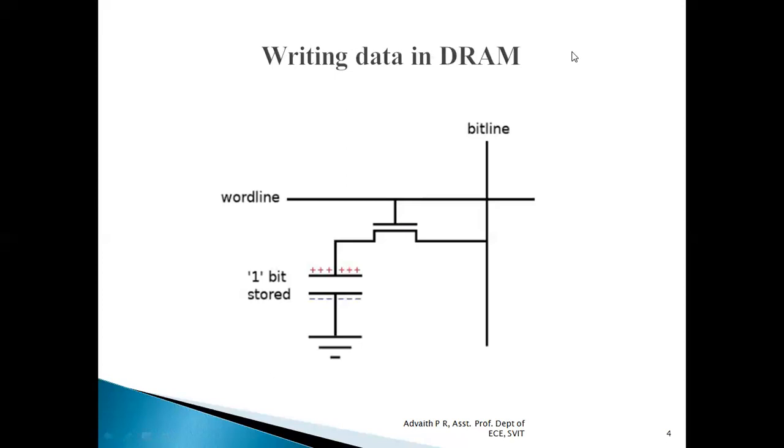Let us consider bit line is equal to 1. The data present in the bit line is equal to 1. And similarly, let us consider the word line is equal to 1. Because the word line is connected to the gate terminal of this N-channel MOSFET, as we already know, when NMOS is supplied with a gate input of logic level high, the NMOS transistor is on.